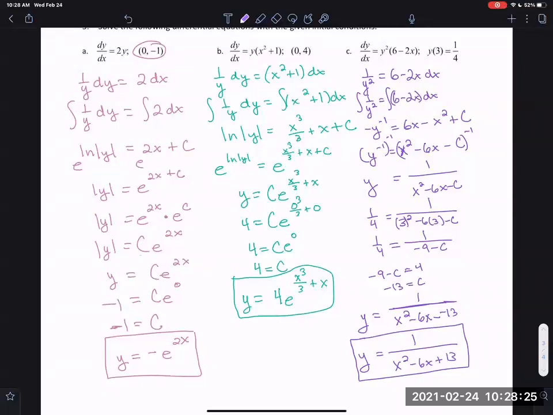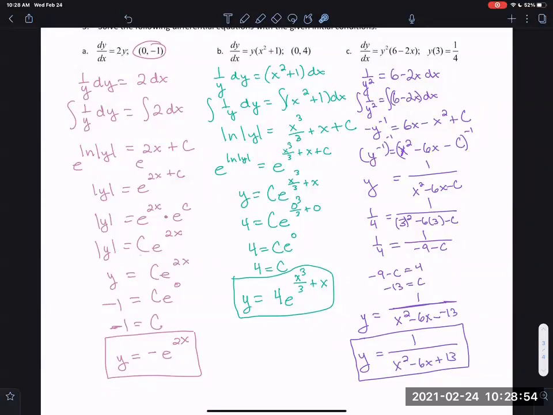Okay, we're back. So this one, again, is separable because it's a y term multiplied by a term with an x in it, easily undone by using multiplication or division. And the initial condition is 3 comma 1/4. So separating gives me 1 over y squared and 6 minus 2x dx.